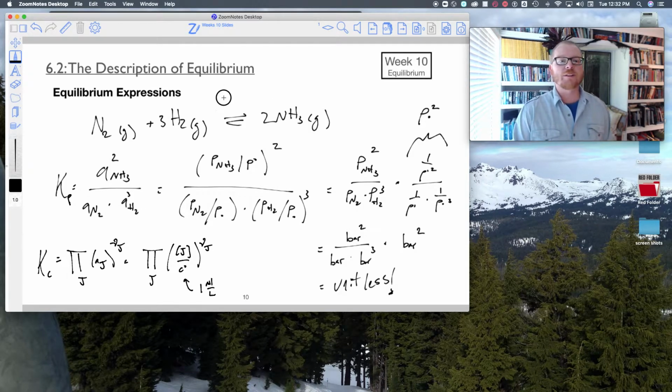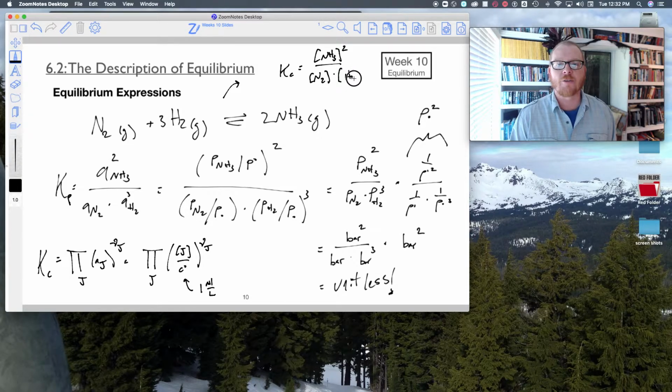So in other words, I can still write this Kc as the concentration of ammonia in moles per liter squared divided by the concentration of nitrogen times the concentration of hydrogen all cubed.